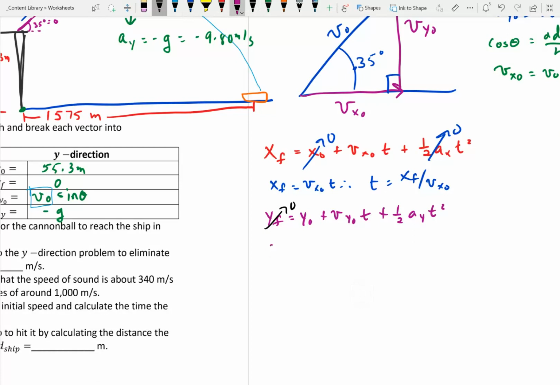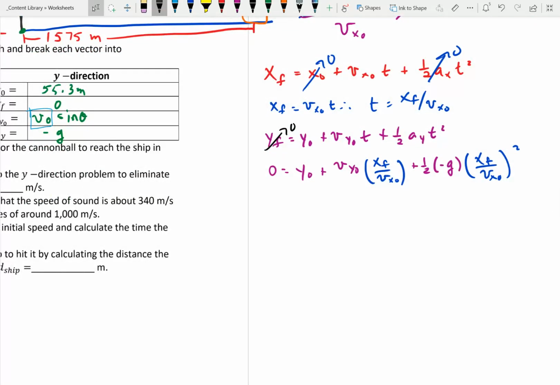So I have 0 equals y initial plus vy0, and then putting in what I just determined for t, x final over vx0, plus 1/2, my acceleration in the y direction is minus g. And then for t again, I substitute x final over vx0 quantity squared.